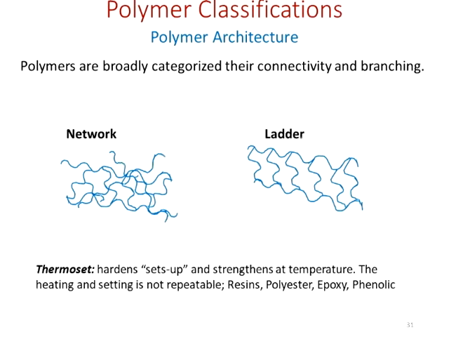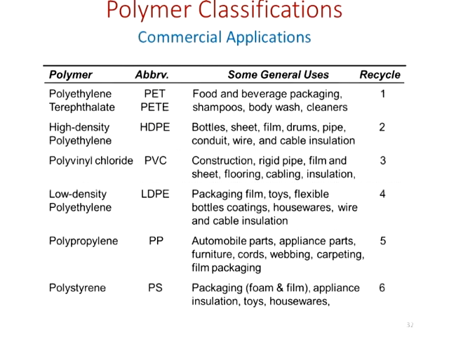Phenolics and epoxies are examples. We can also further classify polymers based upon their commercial applications. Each commercial application has a recycling code associated with it to help determine how it might be reused, landfilled, or properly disposed of.